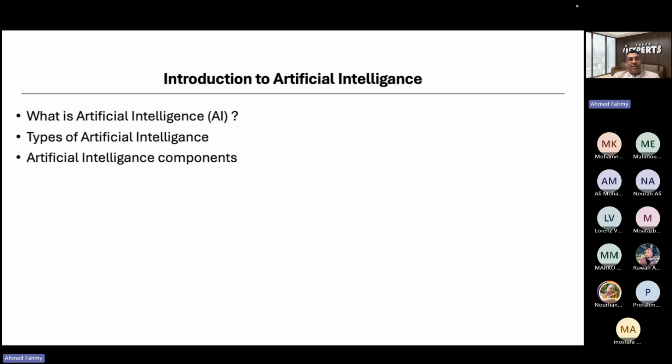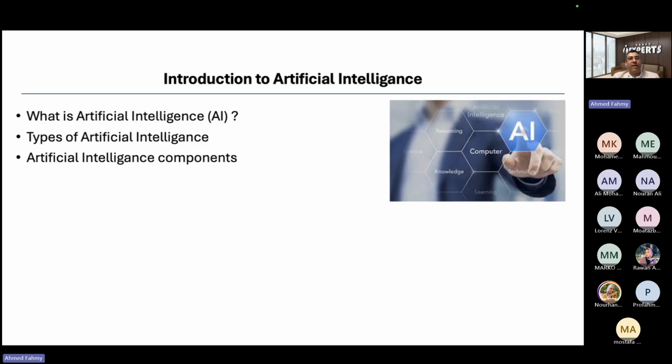AI in specific is any piece of software that is trying to mimic human intelligence. As you may know, humans have natural intelligence features, such as reasoning and providing reasons for the decisions they take.